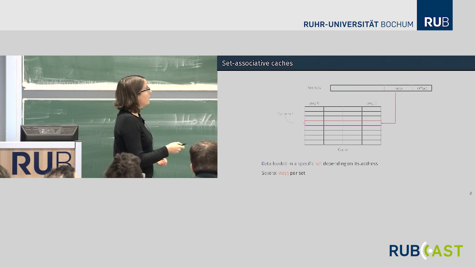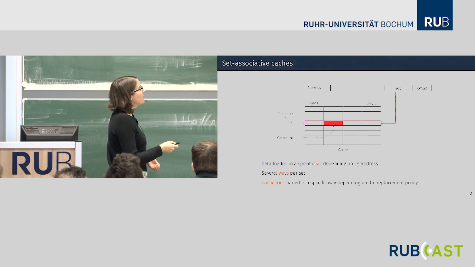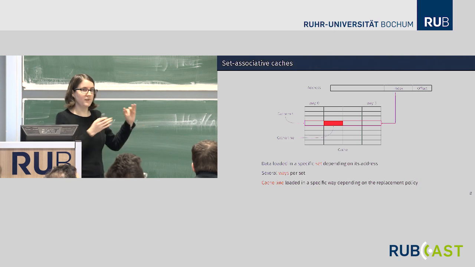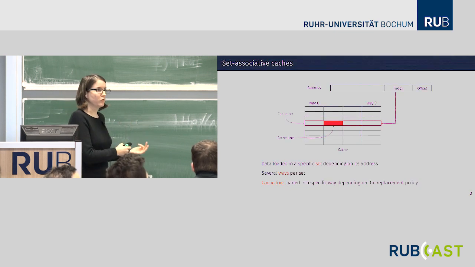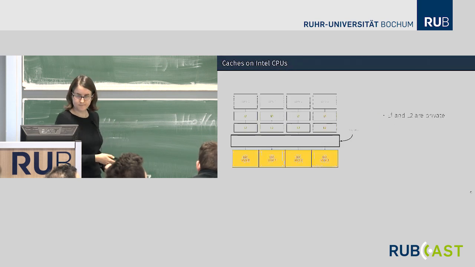Now we have several ways per set, here we have 4 ways. A cache line is loaded in a specific way, depending on the replacement policy. Usually when the CPU wants to load a new cache line, it has to evict a line that was previously there to make some room. The replacement policy chooses which line to evict to make room for the new one.